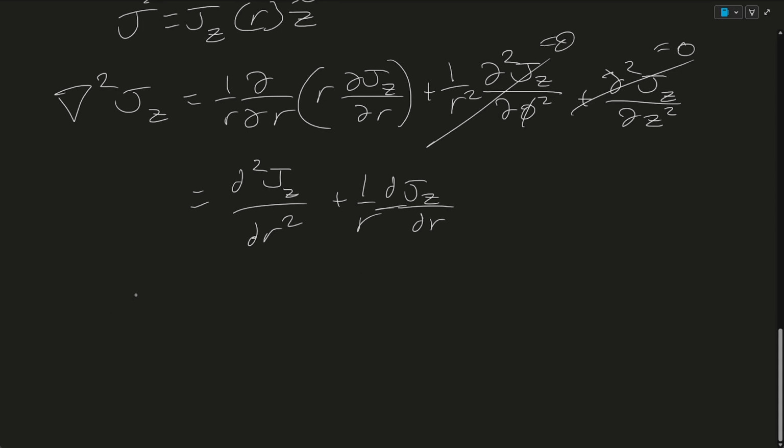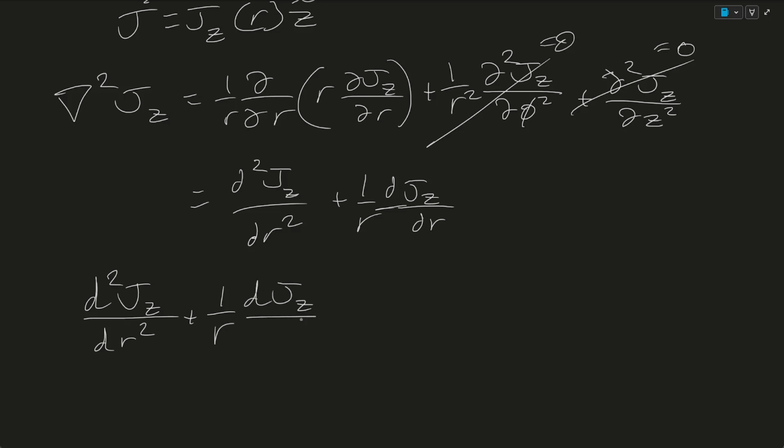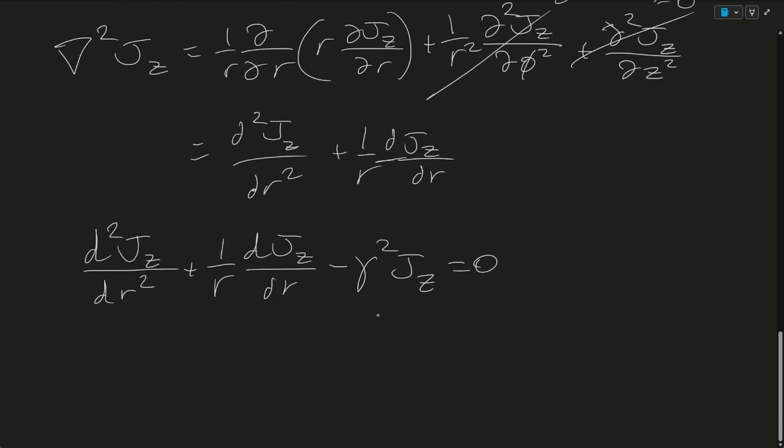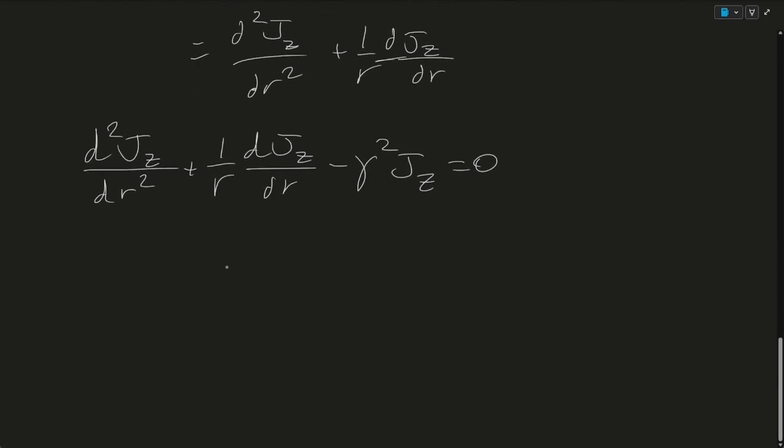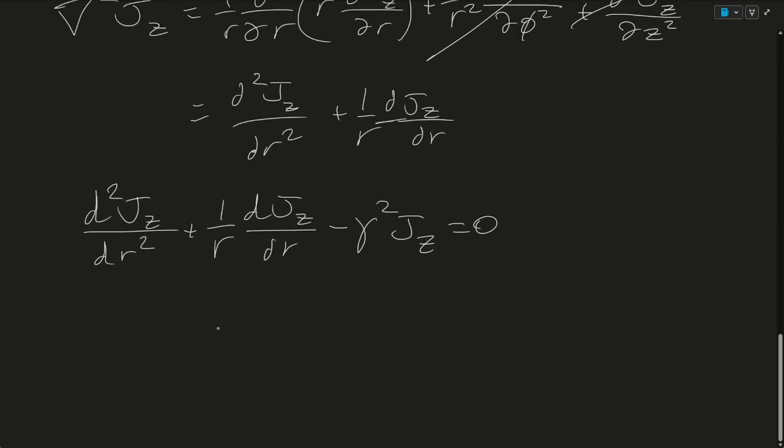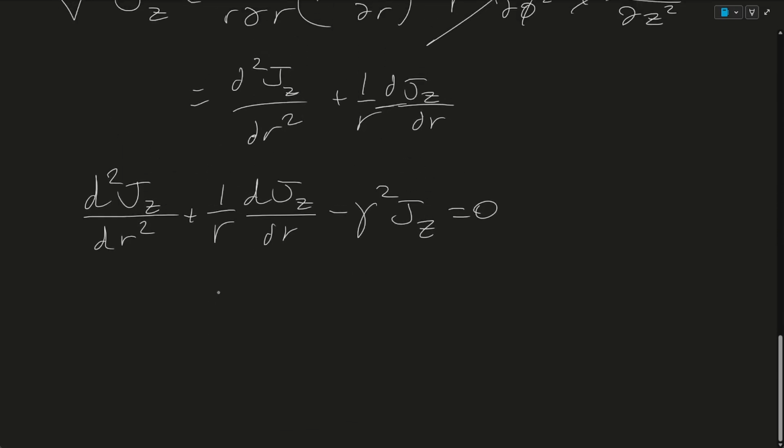And we end up with something quite familiar to anyone who's taken or watched my other videos, or for that matter, anyone who's taken elementary quantum physics or even chemistry or pretty much anything along those lines. You might know what this is. This is a parametric form of Bessel's differential equation.